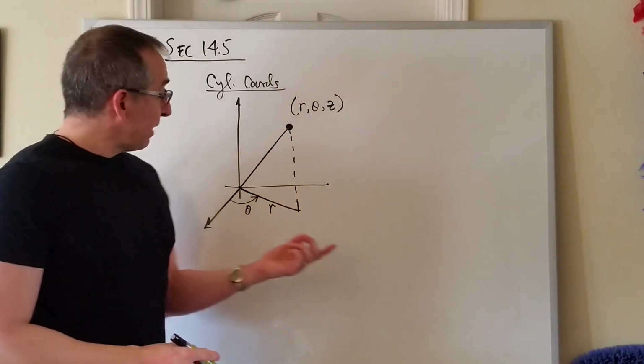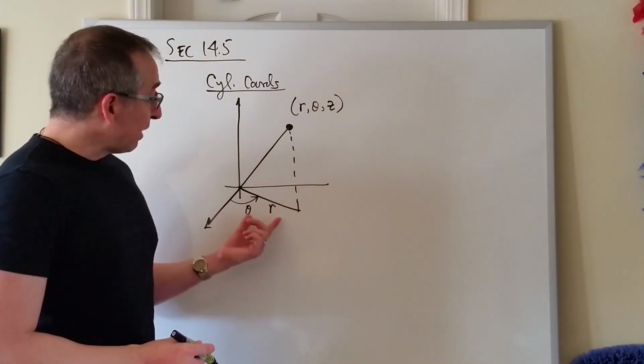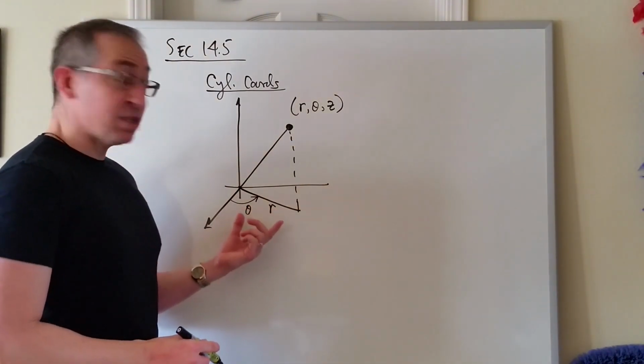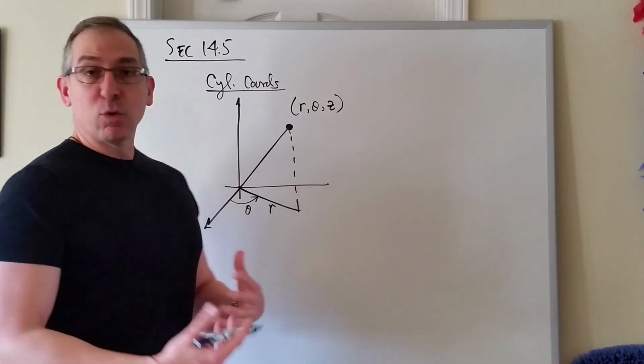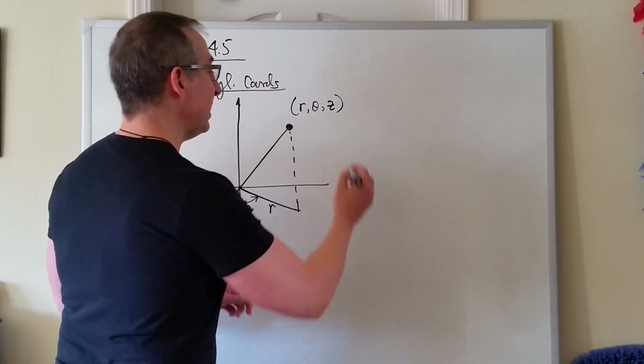If you look right here, notice in the xy plane, we've got the regular r and theta. Those are the polar coordinates that we remember from our calculus 2 days. And the equations that relate all of the variables are these.